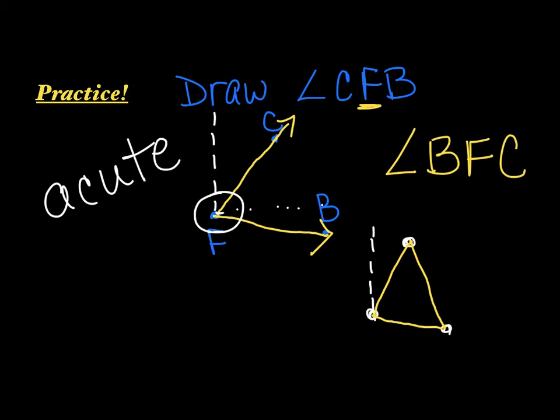Now, if I labeled this triangle with some letters here and asked you some questions, I want you to think about whether the questions are true or not. Could I say that line segment AC is parallel to line segment AB?